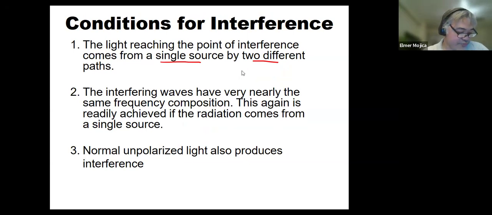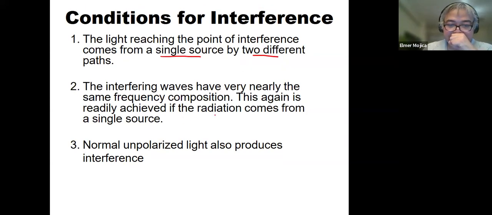And then the second one, the interfering waves have very nearly the same frequency composition. And this again is readily achieved if the radiations come from a single source. And then the normal unpolarized light also produces interference.